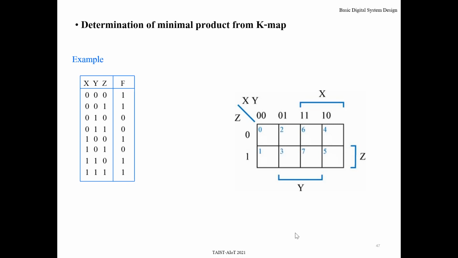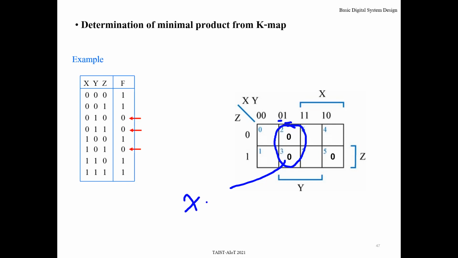Okay, for this example, if you want to find the minimal product, you can use a K-map, similar to the minimal sum, but for the minimal product you just focus on the logic 0 output of the function. So you write it down here, and then you can select something like this. These two cells will be 0 when input x is 0, y is 1, right?